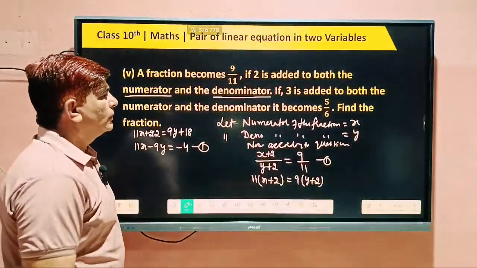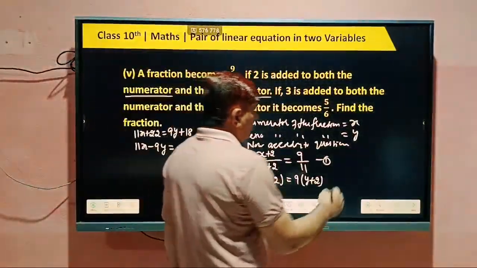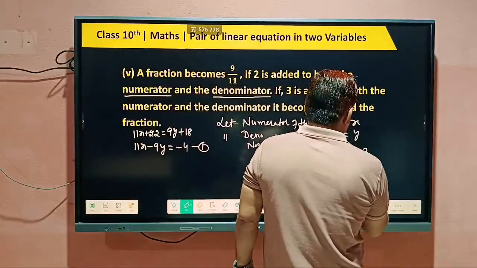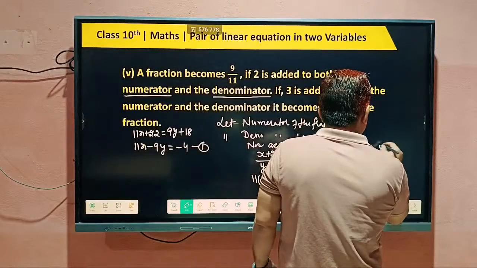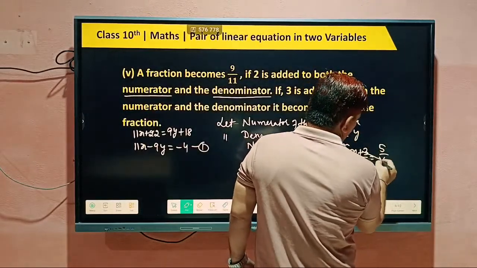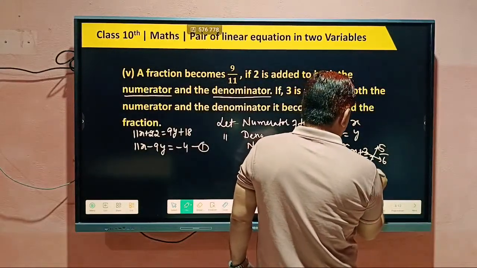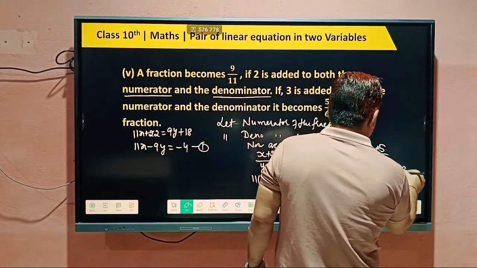Simplified. Second condition: if 3 is added to both, you can write x plus 3 by y plus 3, and it becomes 5 by 6. Cross multiplication: 6 into x plus 3 is equal to 5 into y plus 3.